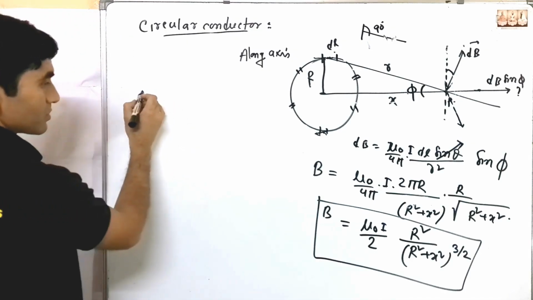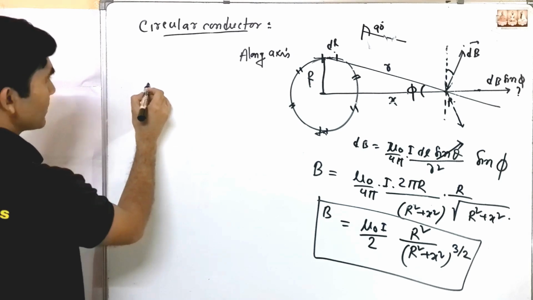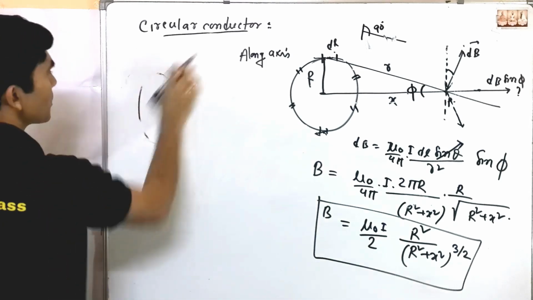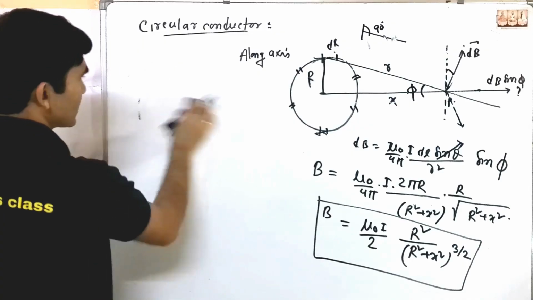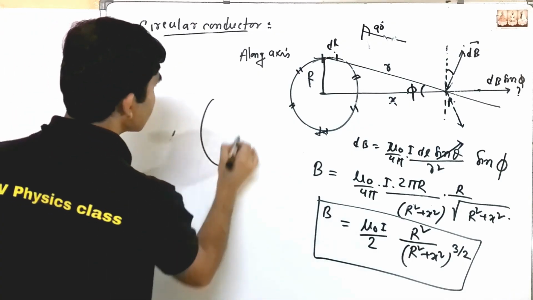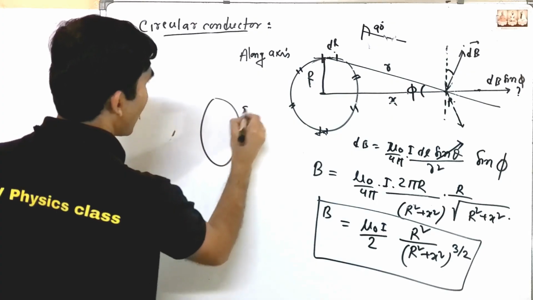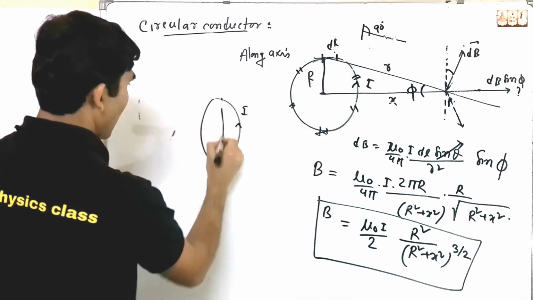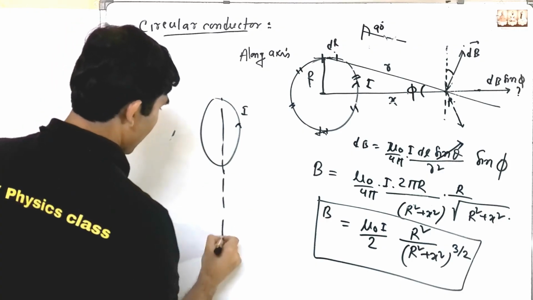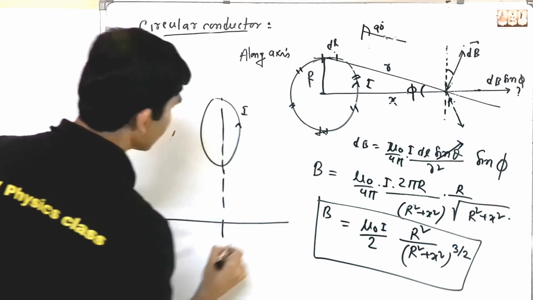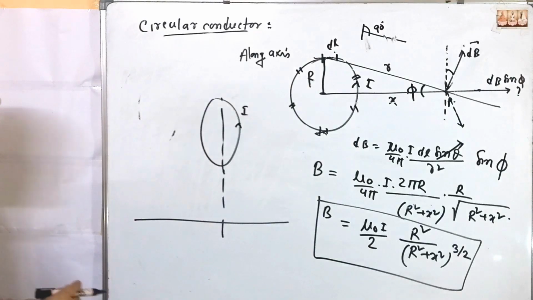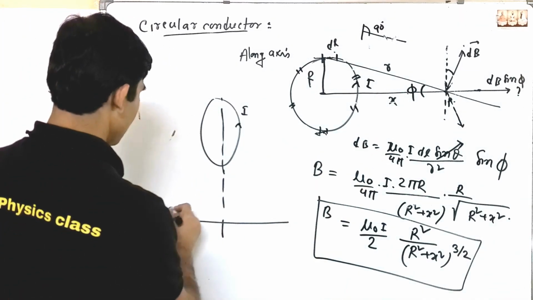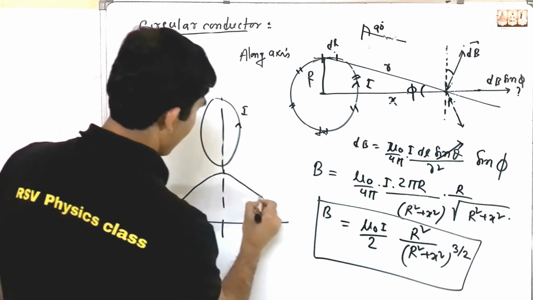Here, the distribution of magnetic field along the axis: if your coil is here and carrying current I, then along the axis the magnetic field will be this much.